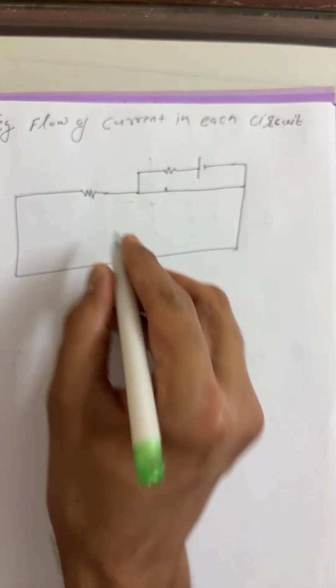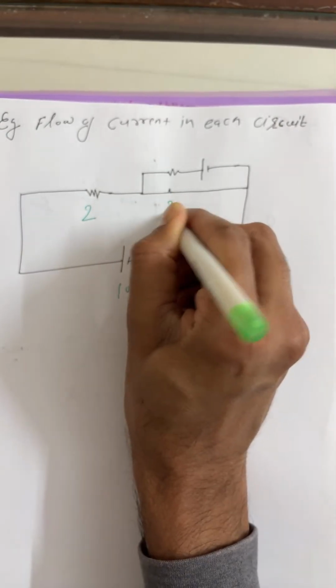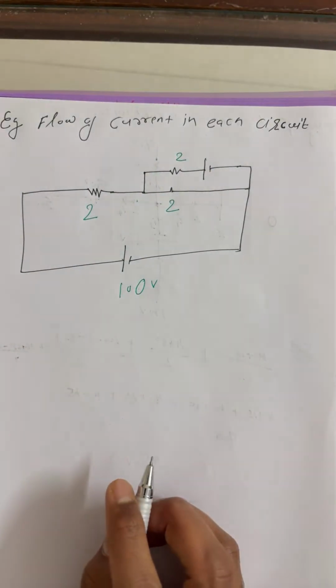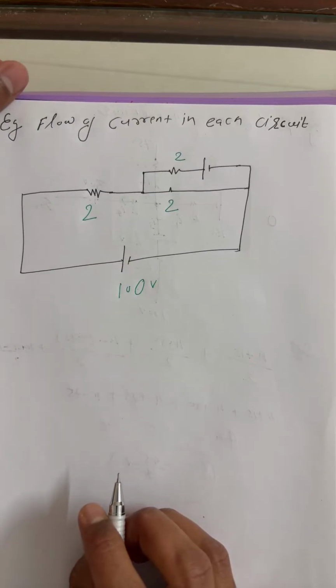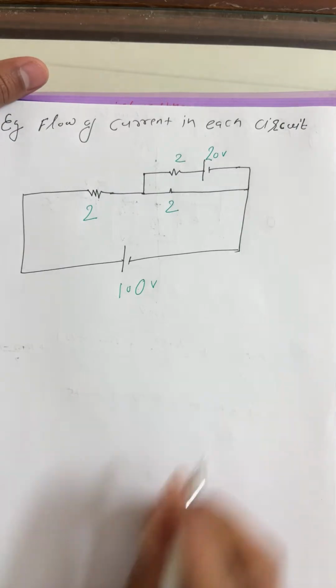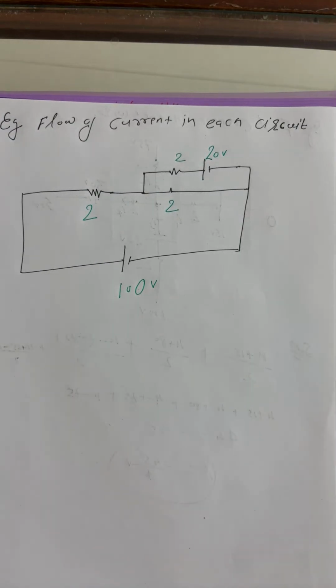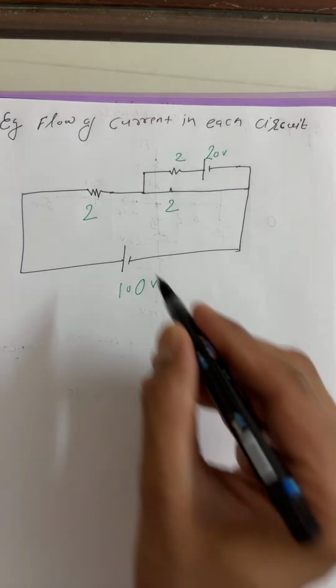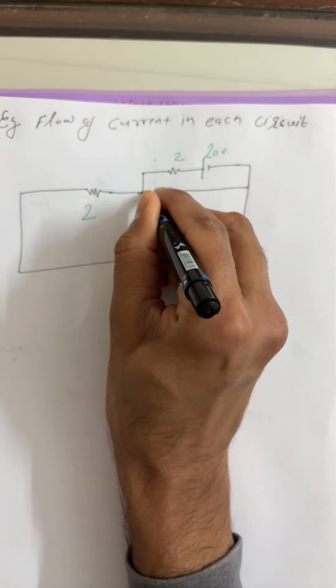Take care, easy. This is 2, 2, and 2. You can take this as 20 volt. This is 20 volt. It's very easy, literally easy, not tough at all. So what I do is one thing. Again, you can take this point as a junction point.